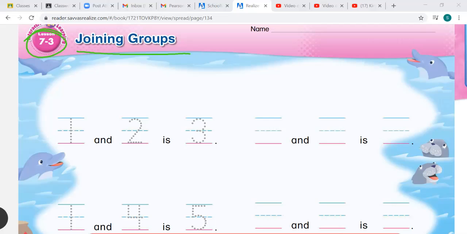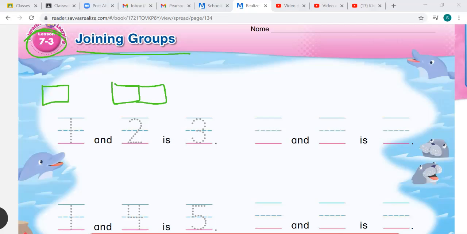Let's show each group of boats using cubes. So I'm going to draw my cubes here. We have one cube that's going to represent the one boat. And then we're going to put two cubes over here to show our two boats.